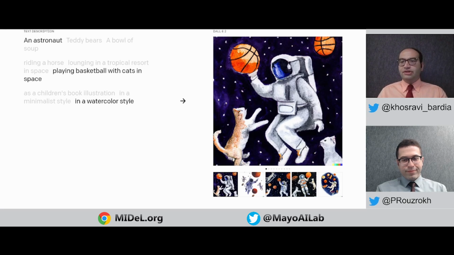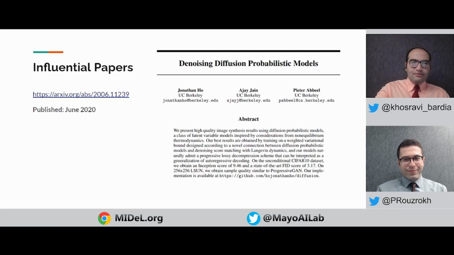The model will learn what this text prompt is associated with, even if it had not seen the exact examples, and then give you an image in different styles. You can say it will be a watercolor painting, or an illustration by a child, or something like that. So this is what DALL-E is, and this is the power of diffusion models. Let's get into them.